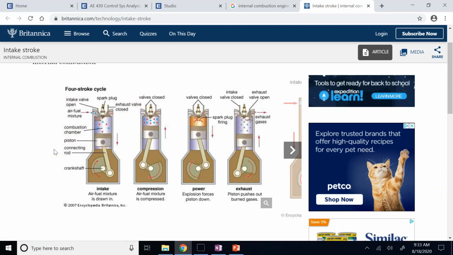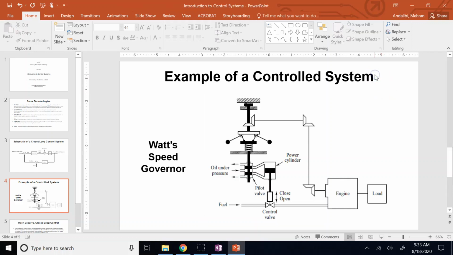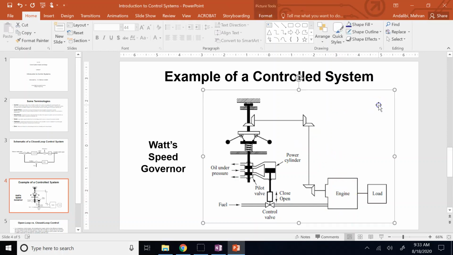So the mechanism for controlling the amount of fuel coming in is separated from the air inlet, but in the past they both came together, and the amount of inlet fuel and air mixture was determined by the amount of low pressure in the engine. There was a problem.